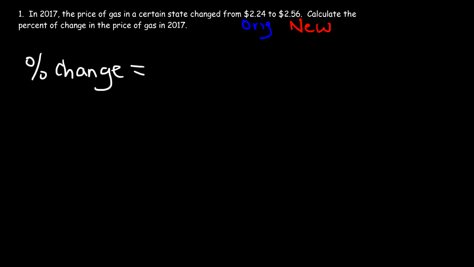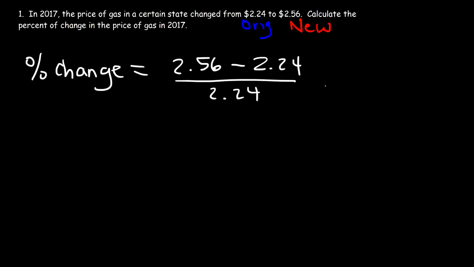It's going to be the new value, which is $2.56, minus the original value of $2.24, divided by the original, times 100%. Now we're going to follow the same process. First, we're going to subtract 2.56 by 2.24, and you should get 0.32.